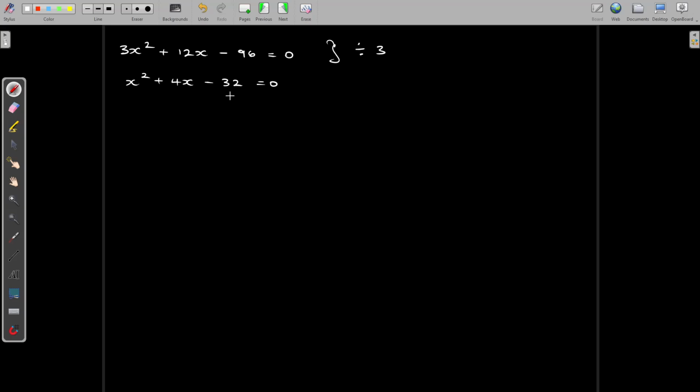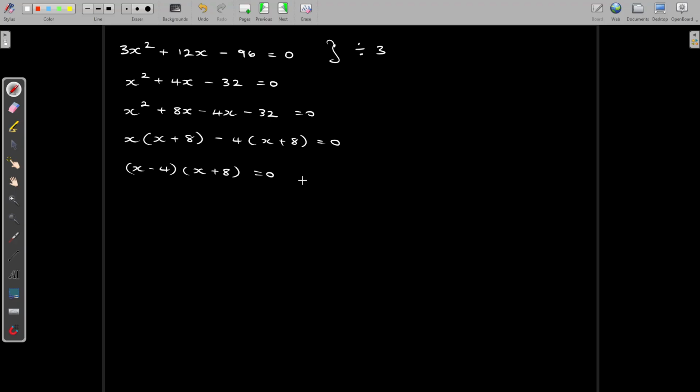Applying the AC method to this, it would be x squared plus 8x minus 4x. So let's factor out x, and let's factor out negative 4. So x minus 4, x plus 8.